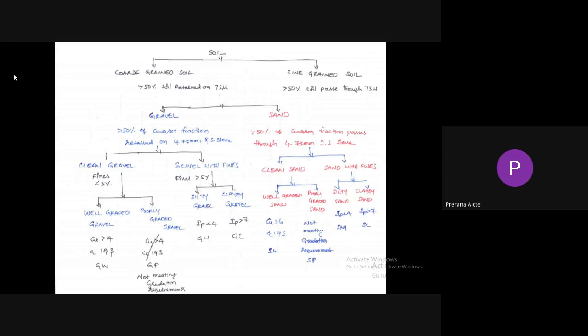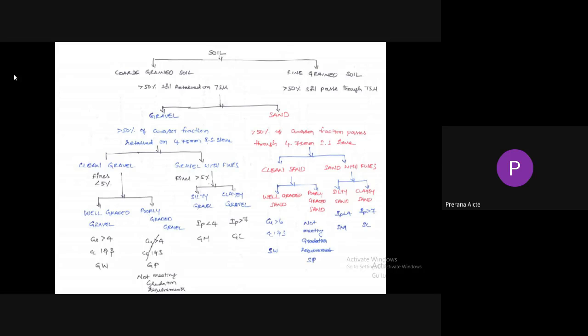That is the criteria. To differentiate coarse grain soil from fine grain soil, the criteria is the 75 micron IS sieve. To differentiate gravel from sand, the criteria is the 4.75 mm IS sieve: greater than 50% of the coarser fraction. Don't take the total soil mass.